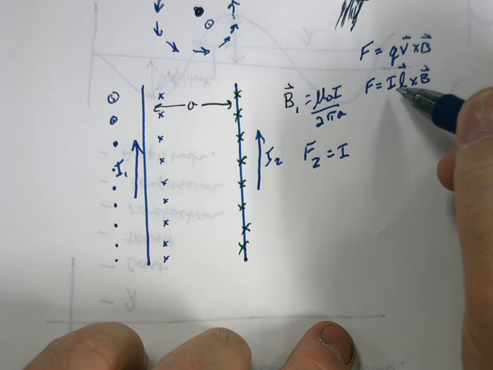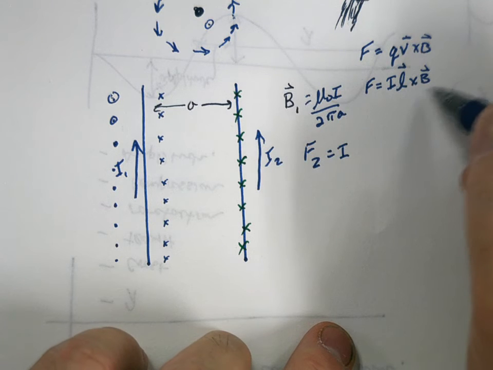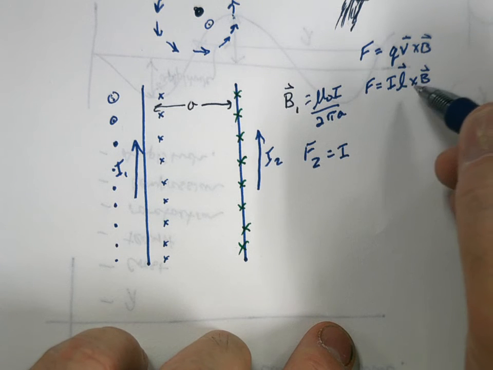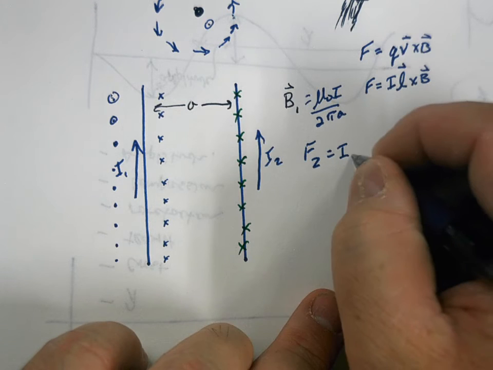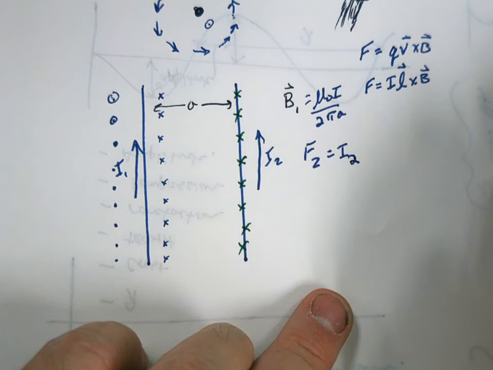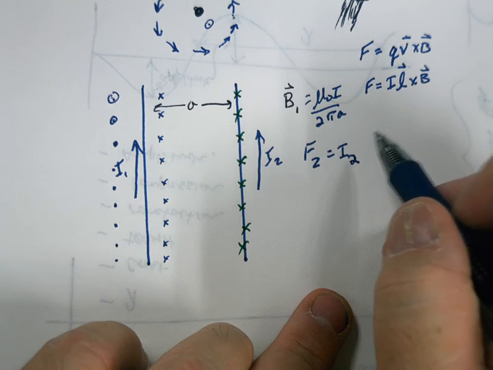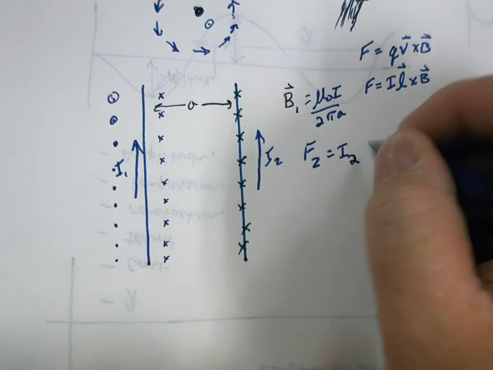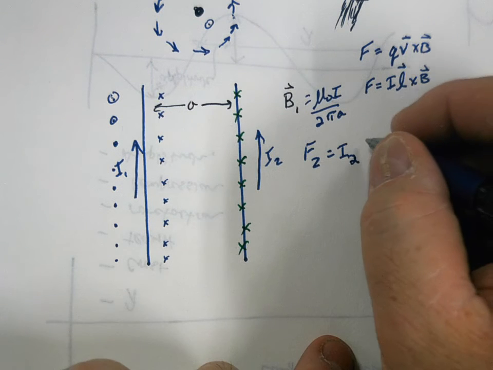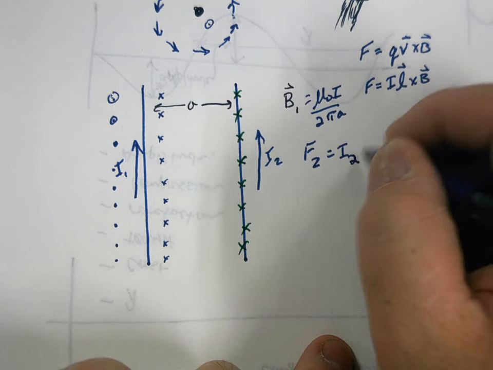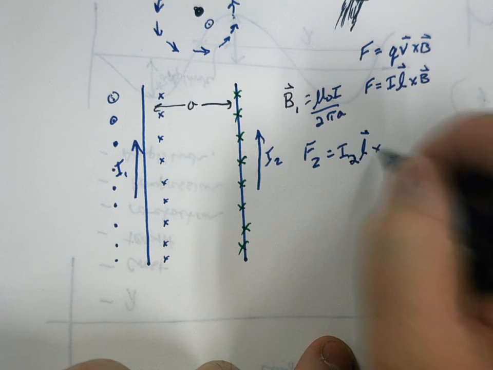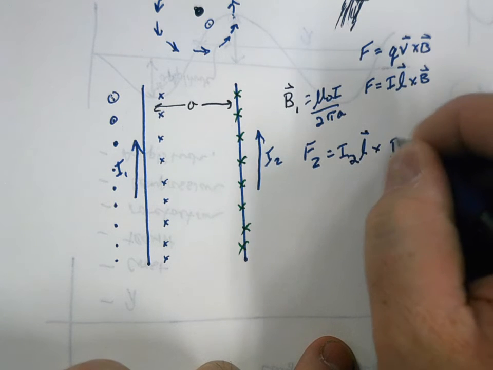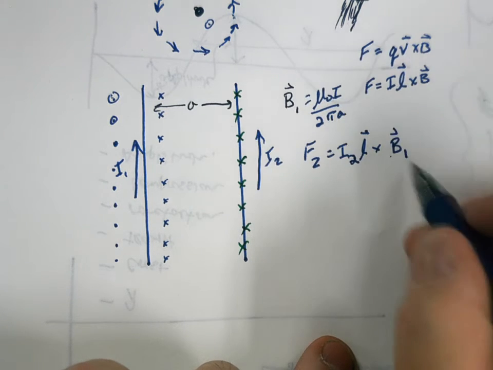This current isn't the one that's causing the magnetic field. This current is, if there's a current in the magnetic field, what force does it experience? This is the force on current I2 times the length of it, cross B, but in this case it's going to be the magnetic field that comes from 1.